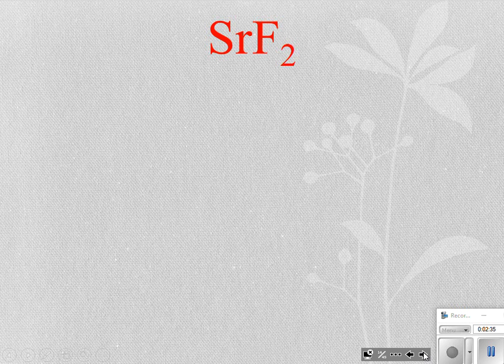So, very first example that we are going to work: SrF2. My cation is first, my anion is second. So as I am looking at this, what is Sr the symbol for? Strontium. So I would just simply write strontium. What is F? Fluorine, correct?